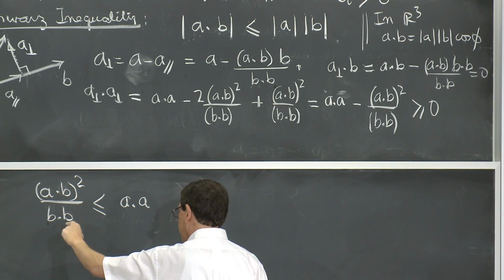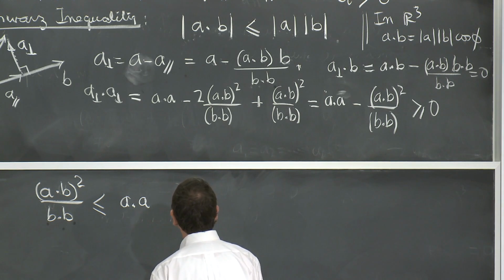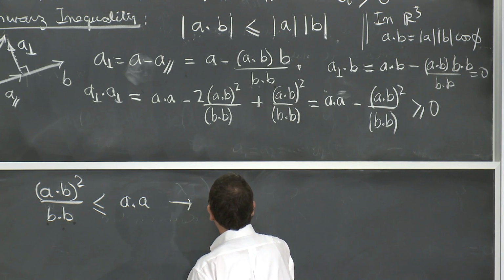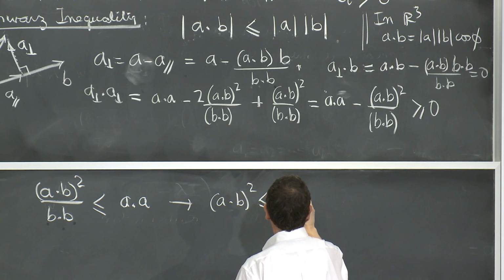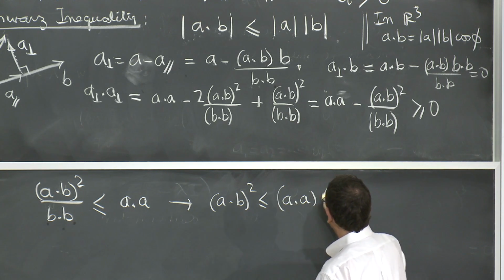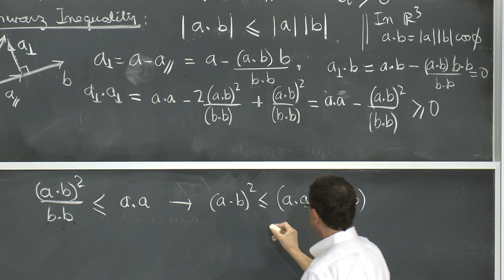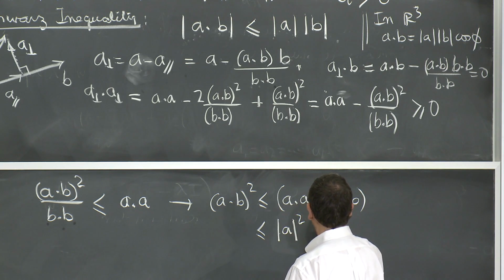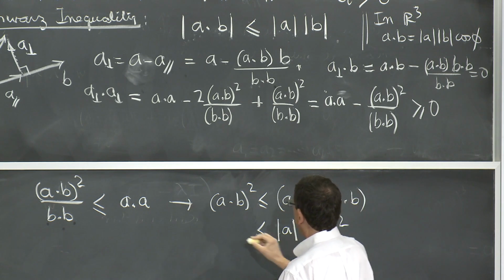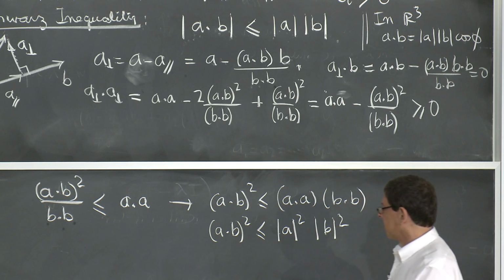That's axiom number 1. Therefore, I can multiply this inequality by B dot B to get A dot B squared is less than or equal to A dot A times B dot B, or in perhaps more recognizable language, length of A squared times length of B squared is greater than or equal to A dot B squared.